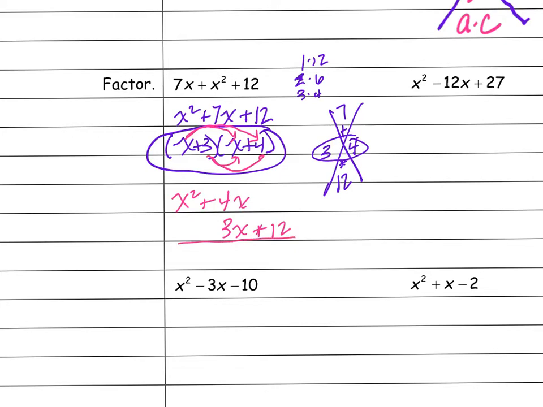Sorry, that should be a plus sign. And then I get x squared plus 7x plus 12. So my answer is x plus 3 times x plus 4.